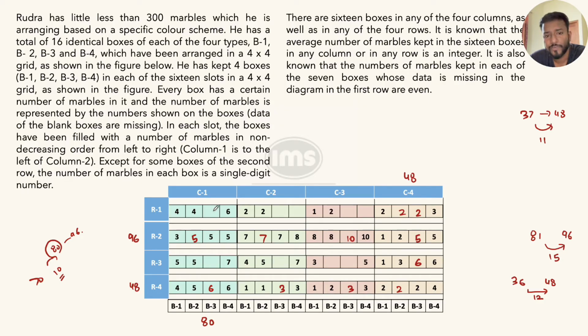Let's check. So if this is 4, this has to be 6 and this is perfectly fine. So we can place a 4 here and we can place a 6 here, right? And the column sum is going to be 80.